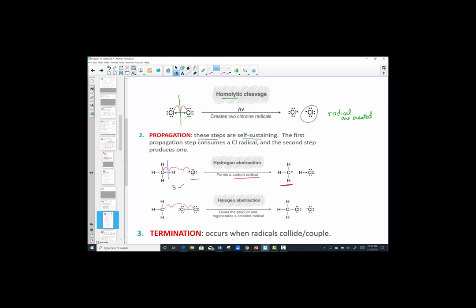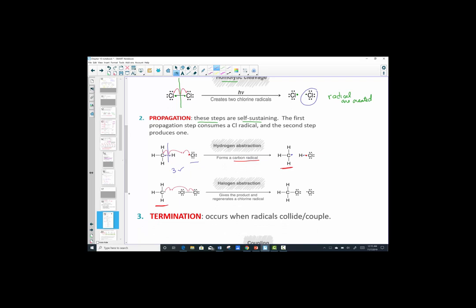Again, the presence of a radical then becomes the reactant in the next propagation step. So remember, what we make and then use is known as an intermediate. We keep generating radicals that will propagate this reaction over and over and over.